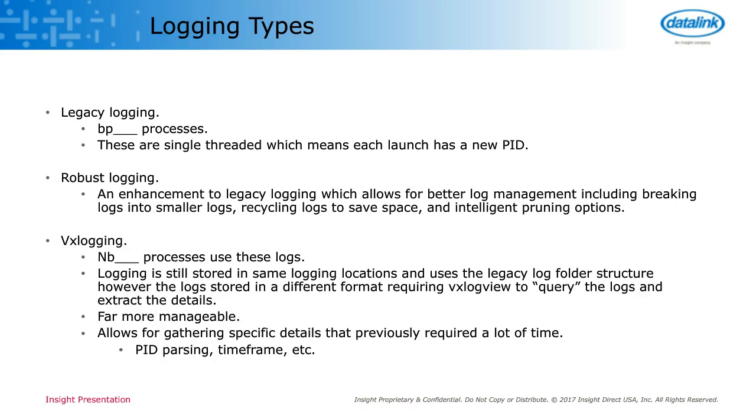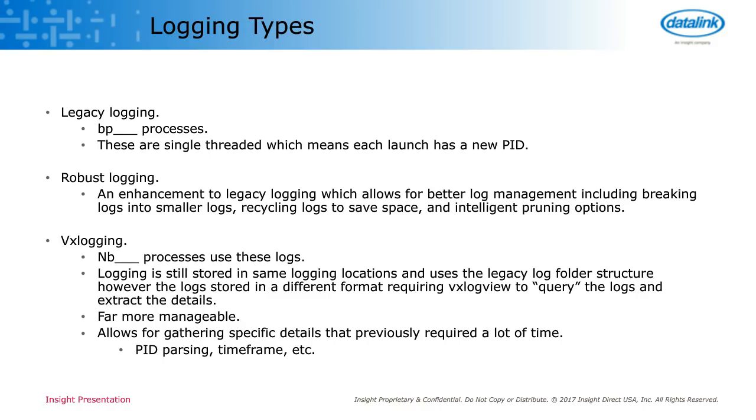Robust logging was an enhancement put into place to help prune those logs, and you can set up various parameters such as how much of the log to keep, how big should each log get before it generates a new one. There's a lot of configuration in how you can control log sizes, even how long to keep logs for. So that was a real big enhancement to the legacy process, which was limited in controlling log growth.